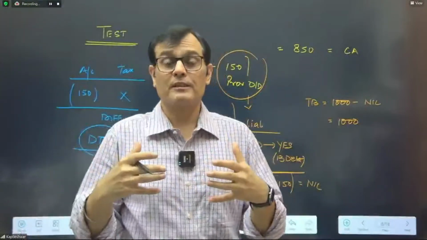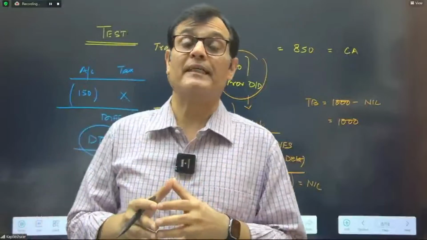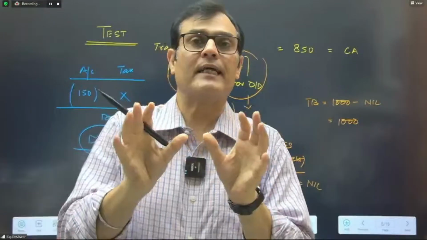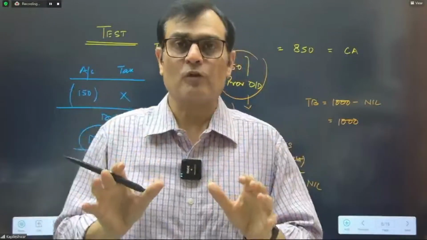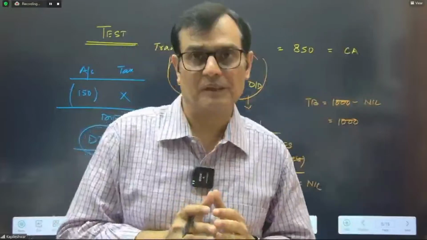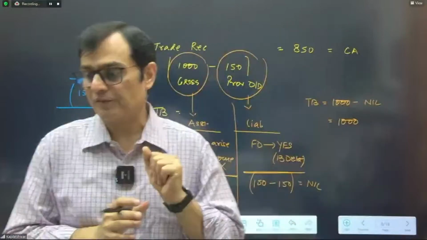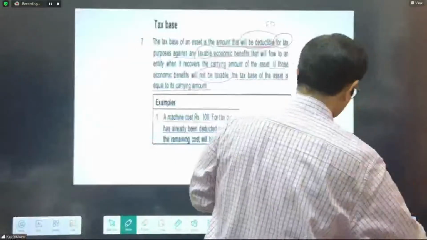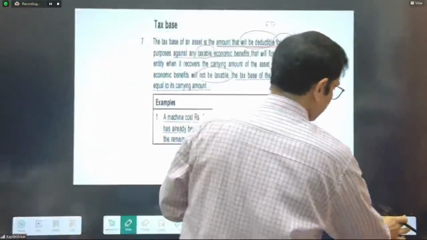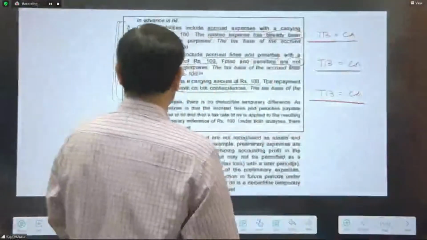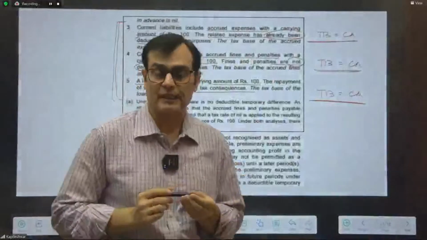If you go with the logic that income received in advance is going to be taxed on an accrual basis, then the carrying amount and the tax base will become equal. In our example, we presumed that it is taxable on a cash basis. So the tax base will become 0. Okay, so this part is done. The tax base of the asset and the tax base of the liability is done.